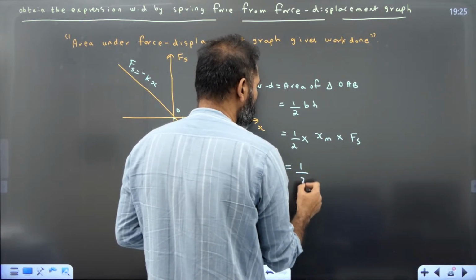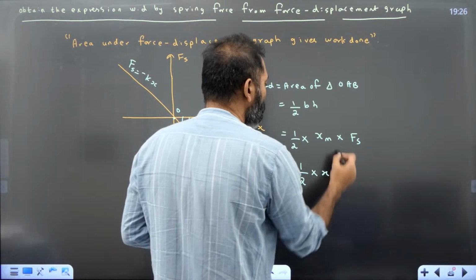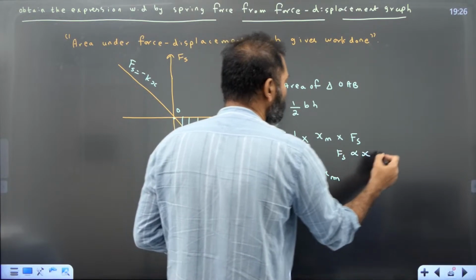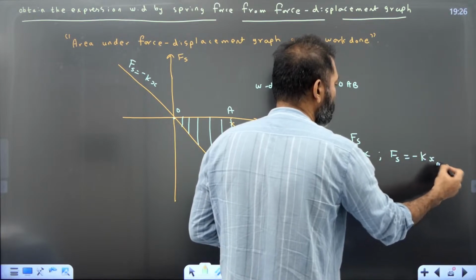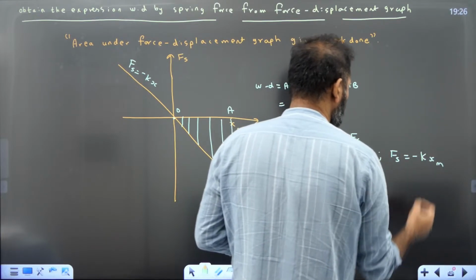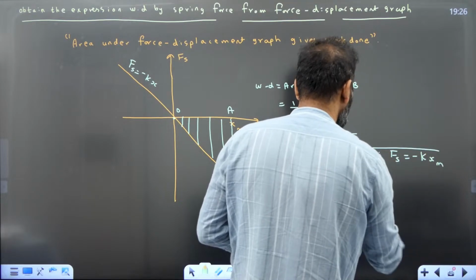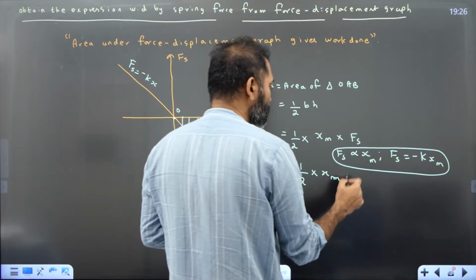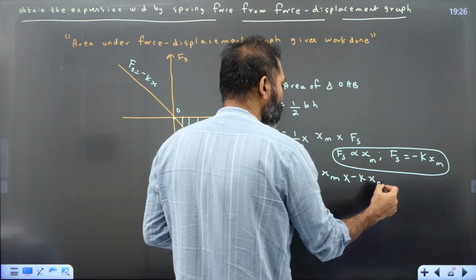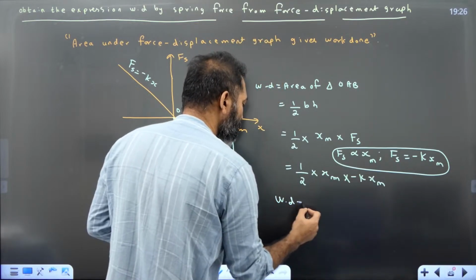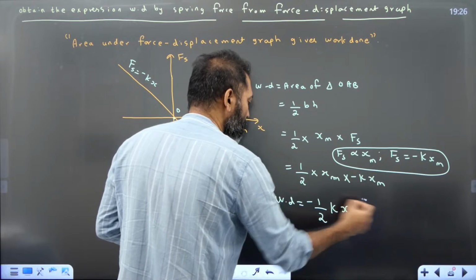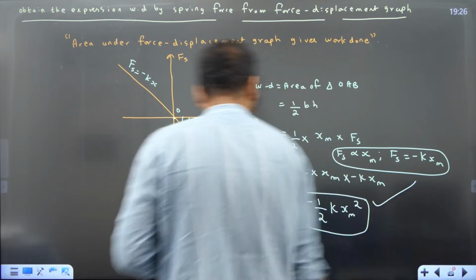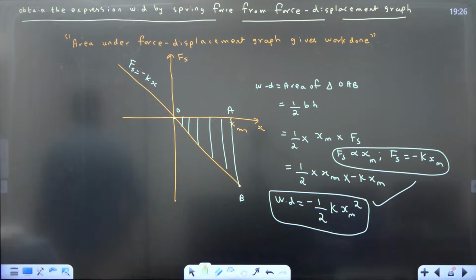Spring force, we know, is directly proportional to displacement: spring force is equal to minus k x suffix m. So half into x suffix m into minus k x suffix m. What is the work done by spring force? Minus half k x suffix m square.